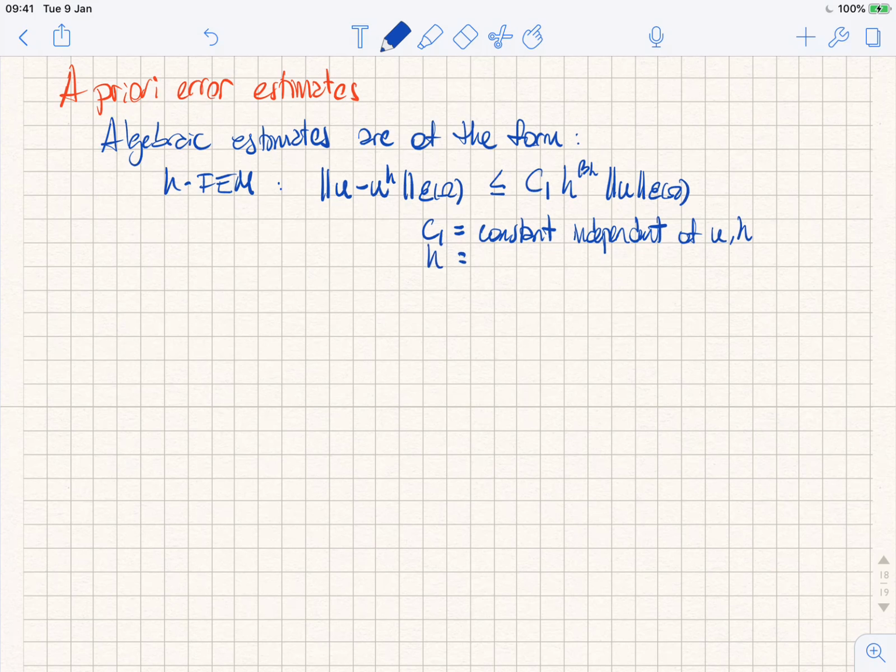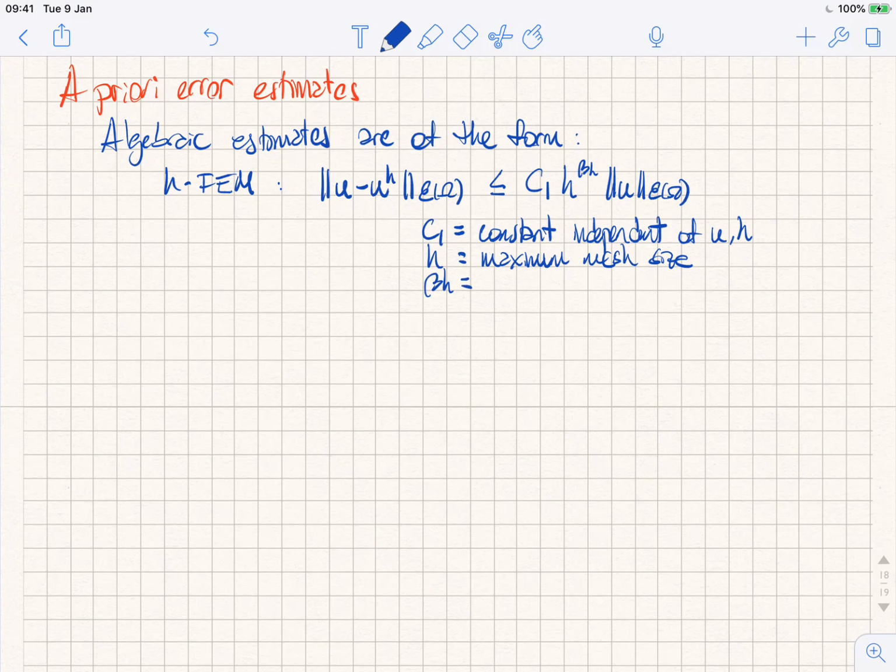h, who can tell me what h may mean here? Mesh size. Mesh size, but minimum or maximum mesh size? Yeah. Again, your error is going to be controlled by the weak link in your problem, and that is the element of maximum size.